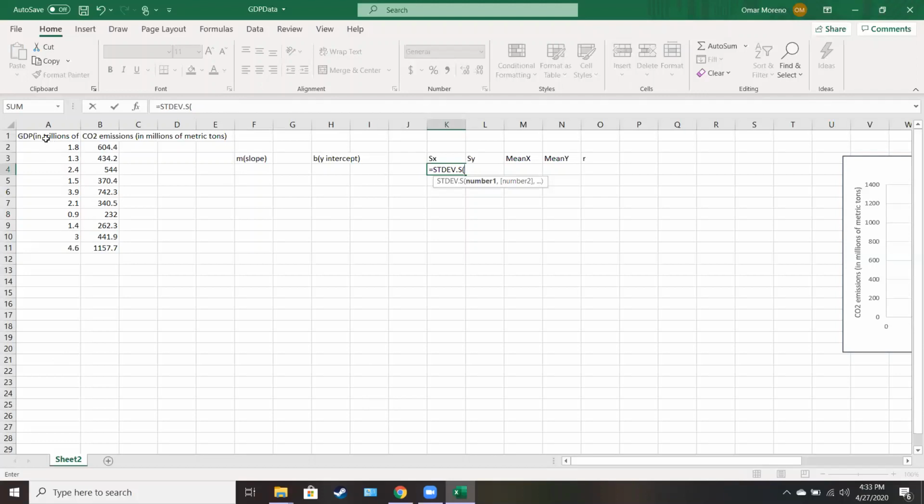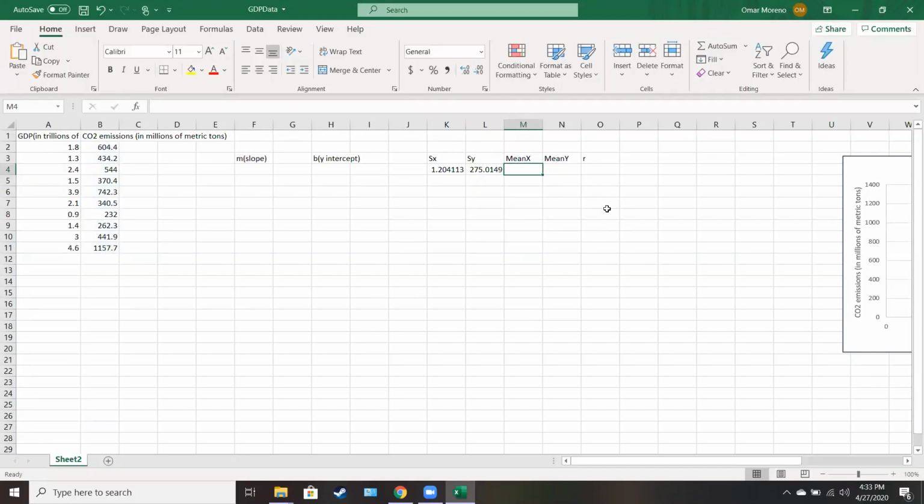In this case, I'm using GDP as my explanatory variable. This is the x-axis, to explain how high or low CO2 emissions are. So GDP is my x values, and I also have to do it for my y values, the CO2 emissions.